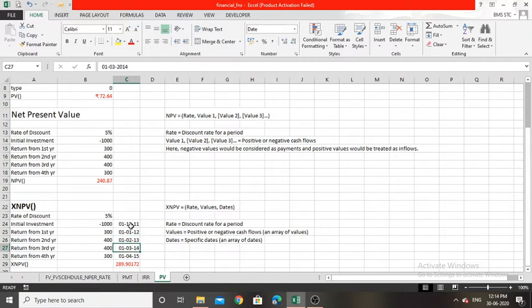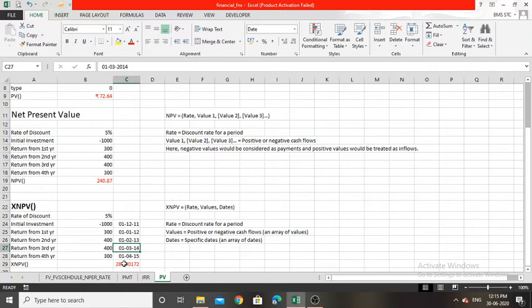So nothing specific in these dates, but just whether the data is given with a schedule or not. If the question is with a scheduled date, then you use XNPV to calculate the net present value, else just simply use NPV.